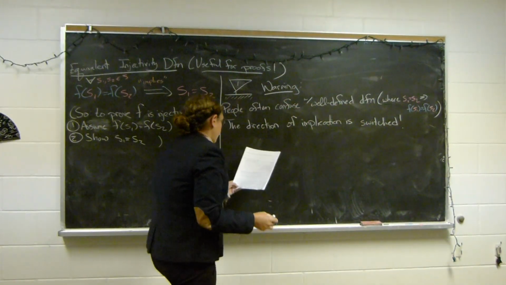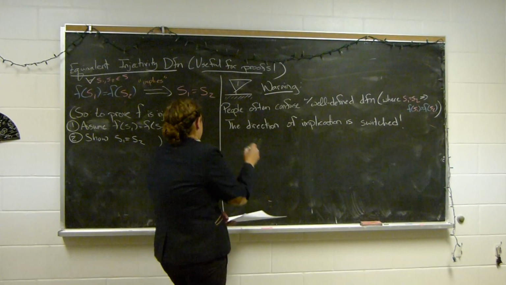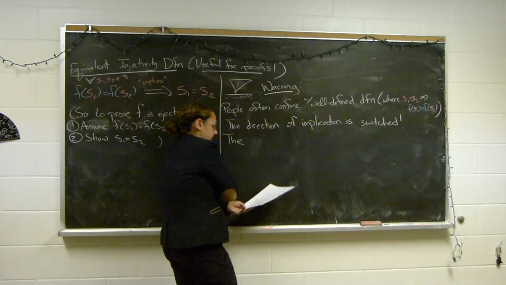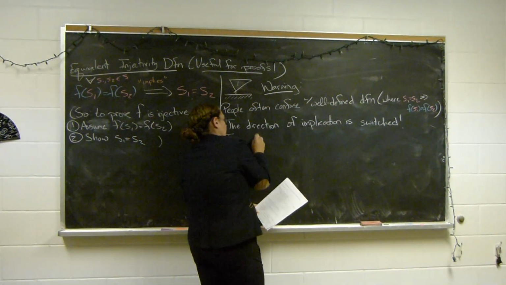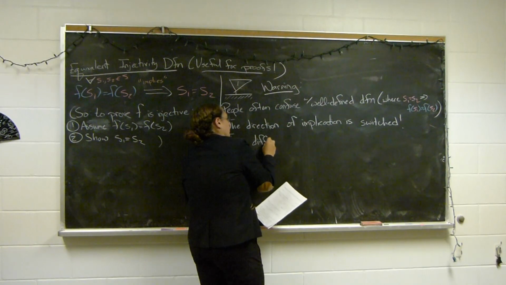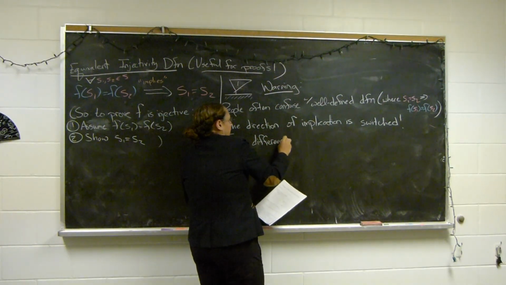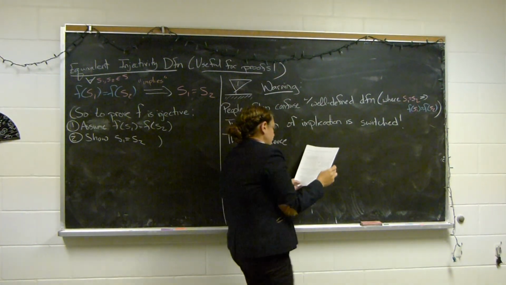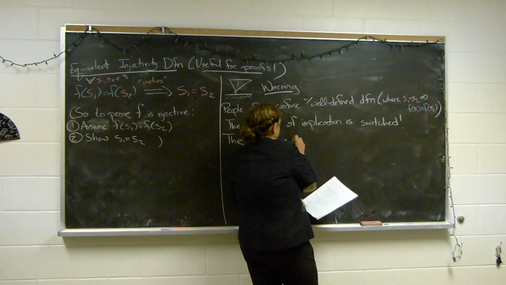And the difference is that between, as I think I mentioned in one of these videos, the horizontal and vertical line tests. The horizontal line test is for injectivity.